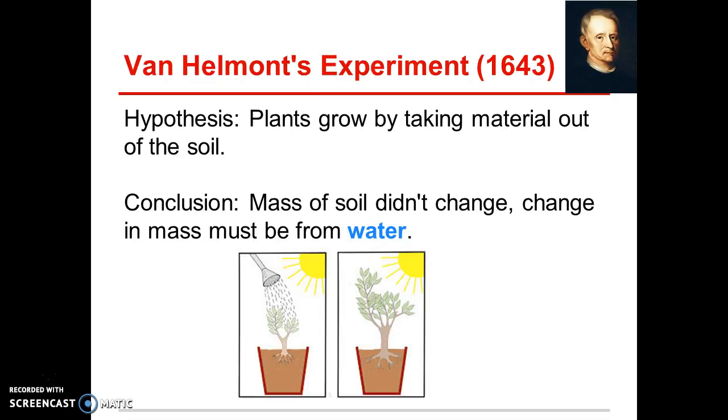So the mass for the plant must be coming from the water that he was giving the plant throughout its growth. So the mass of the plant was coming from the water.